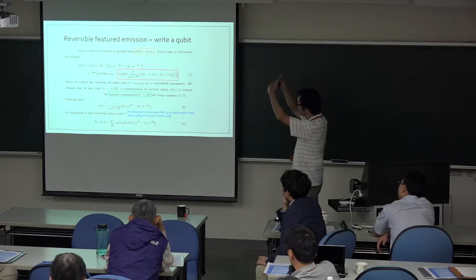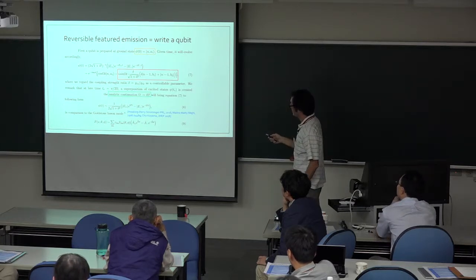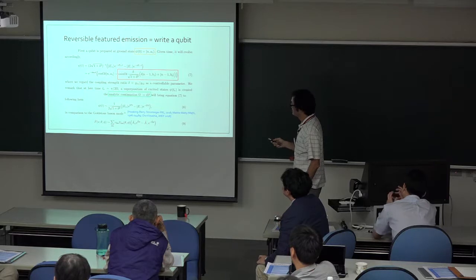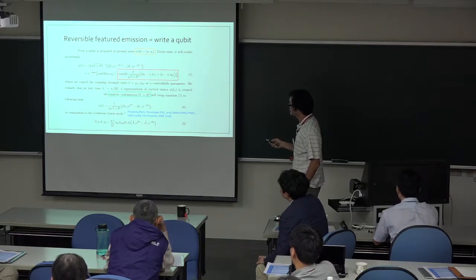The excited state has more degeneracy, so I have two degenerate excited states and only one in the ground state. So easily you can get, at a later time, a mixed state between these two states.